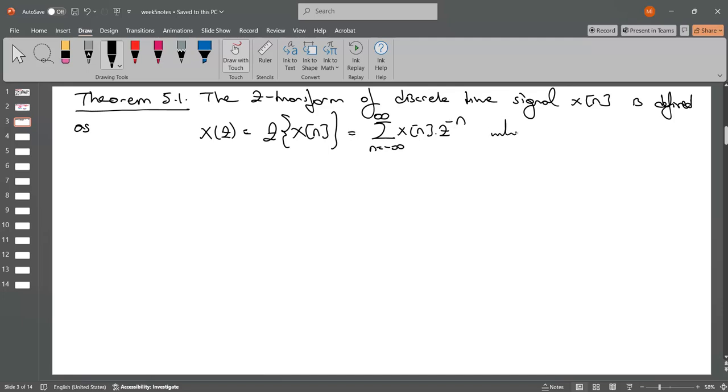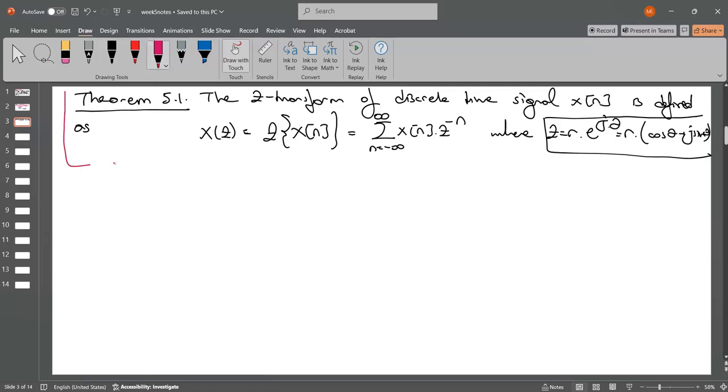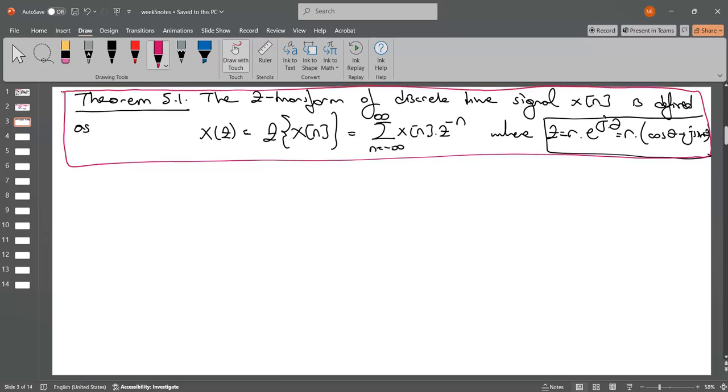Where z is equal to r e^(j theta), which is equal to r cos theta plus j sin theta. Okay? These are the theorem.